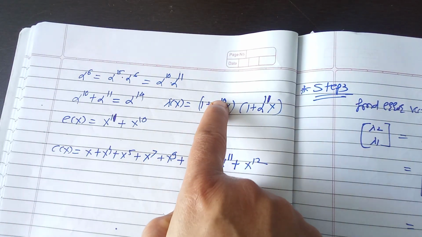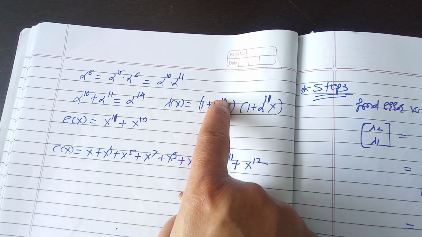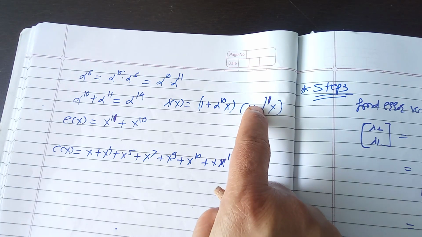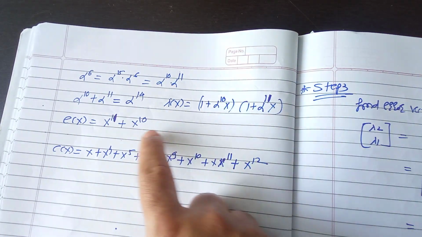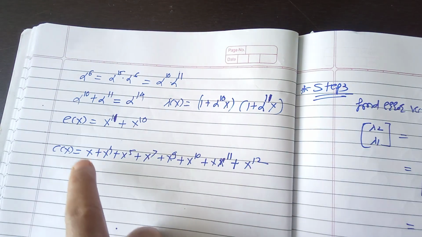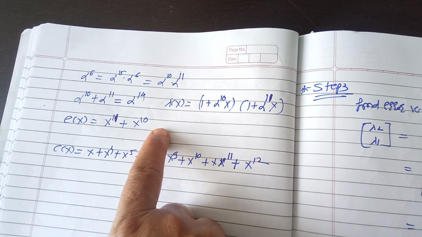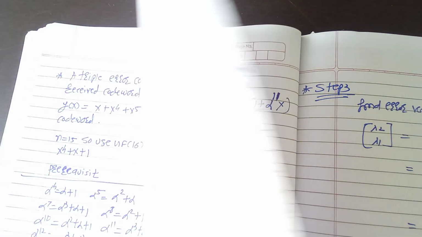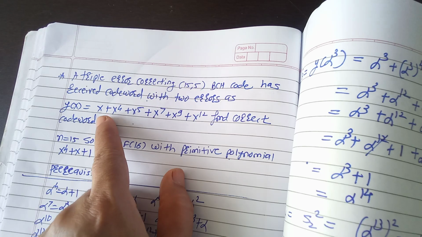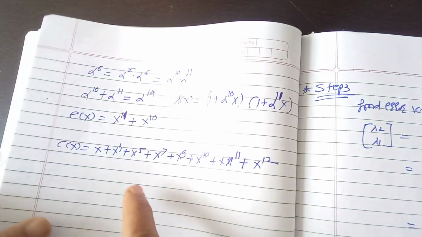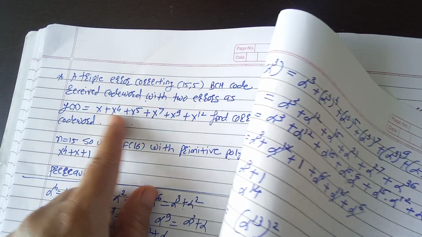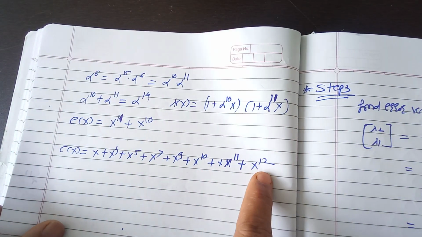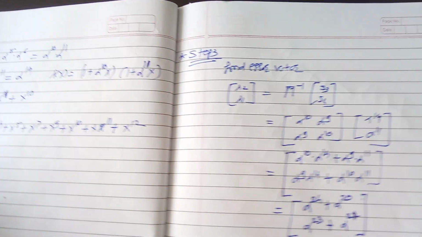After that, you have to take this as x10 and this as x11. Then you add, this ex into yx, you will get cx.